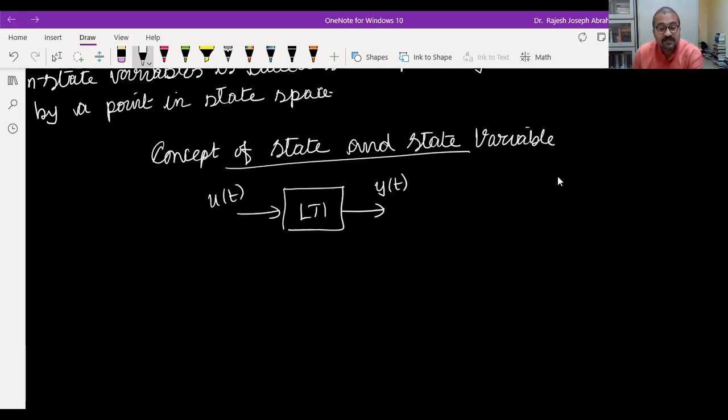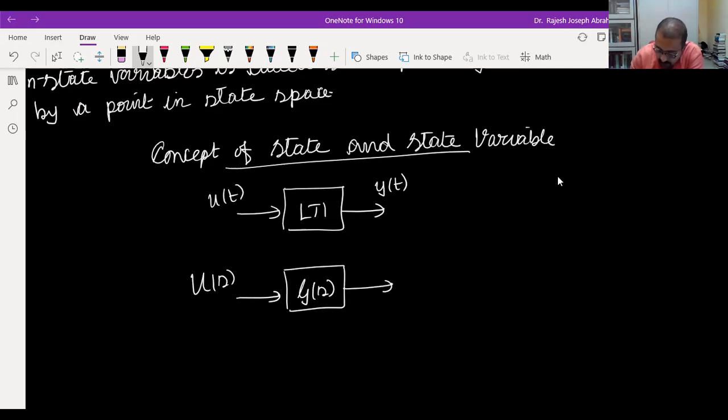In the transfer function approach, we convert everything into the S domain. We take the transfer function of the LTI system and represent it with g of s. Here we have u of s and here y of s. So y of s is nothing but g of s into u of s.